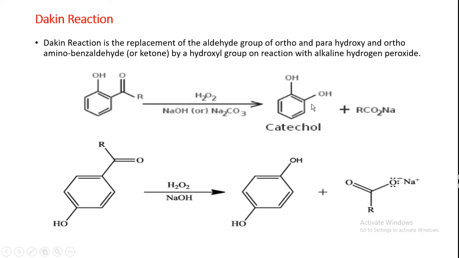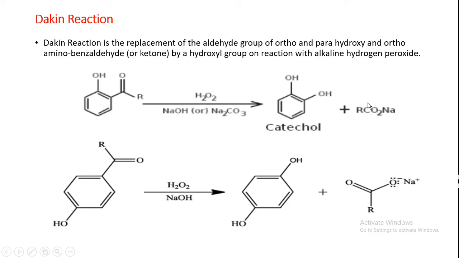So here OH is the same, but the aldehyde or ketone group is converted to a hydroxyl group, and an alkoxy group will come out, RCOONa, or you can say the sodium salt of an acid will be formed.